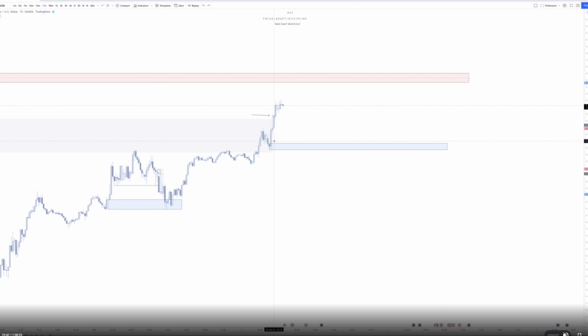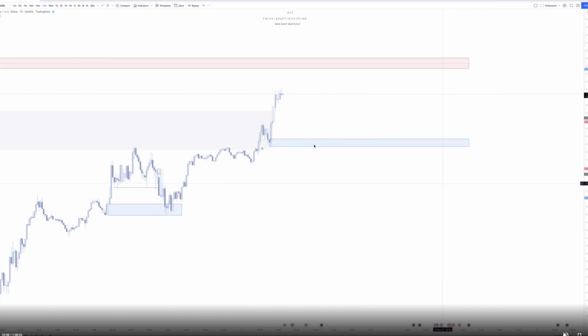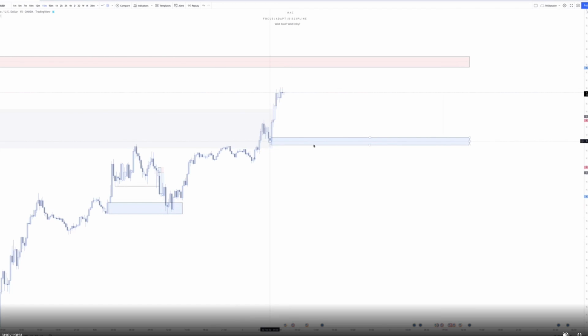So as you guys can see, that's me talking to my students in the morning, giving them a little bit of tips and tricks and answering questions. But I have the zone marked up here. I have the target marked up here, right? And then we simply just wait on price, right?